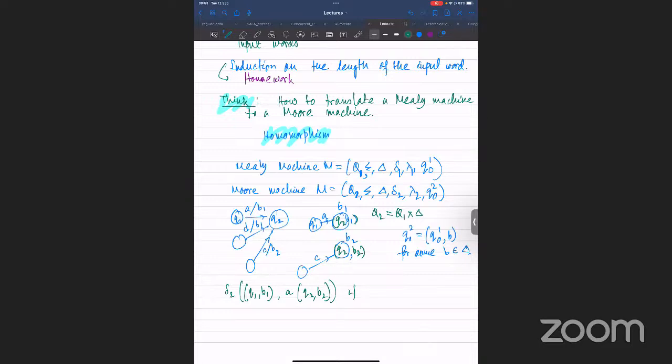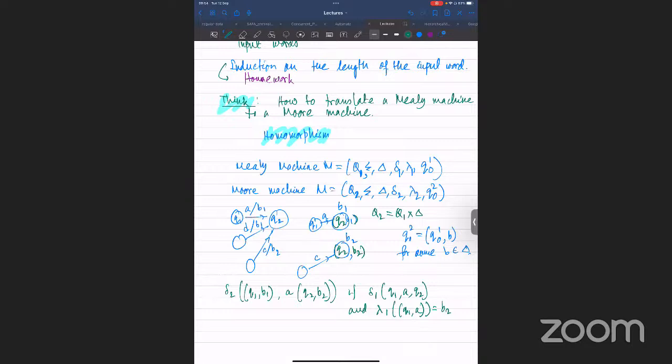If delta 1 of Q1, comma, A, you go to Q2, and lambda 1 of Q1, A equal to B2, right?